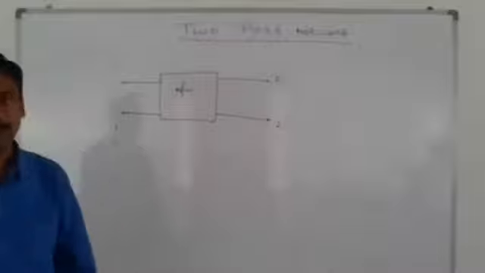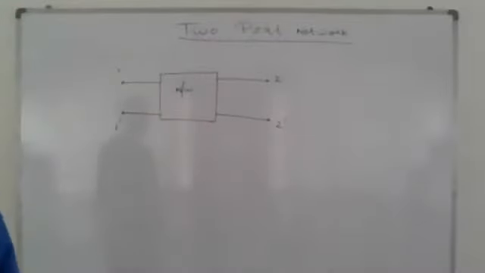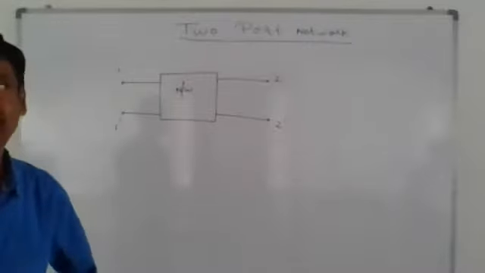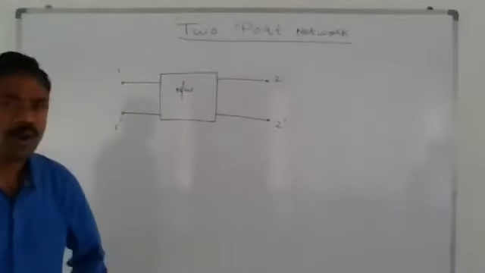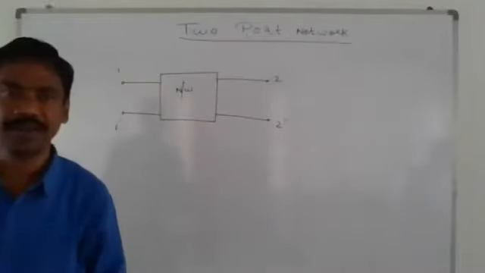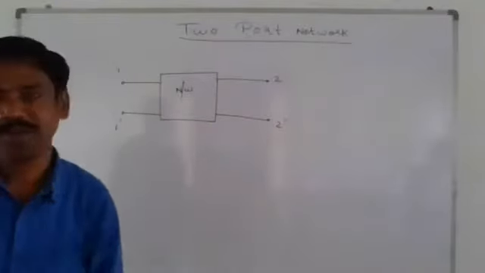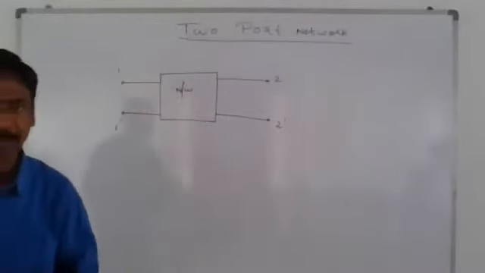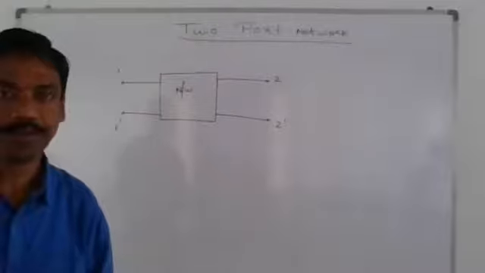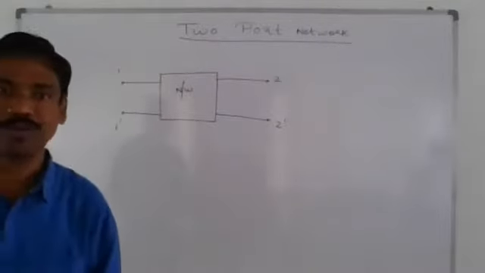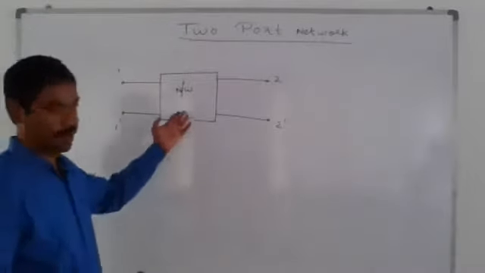Network is this box, and it may consist of any circuit, energy sources, anything, right? Or you can say network consists of n number of resistances, inductors, capacitors. So network is closed, but without opening the network, you are in a position to find the properties of the network.